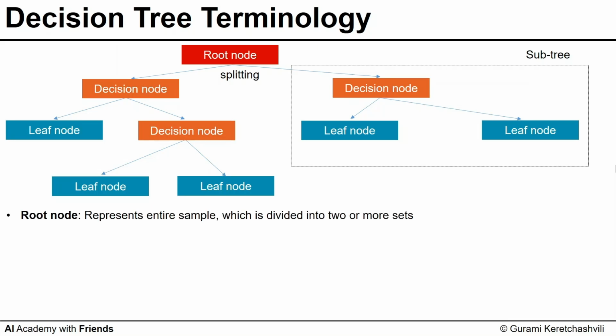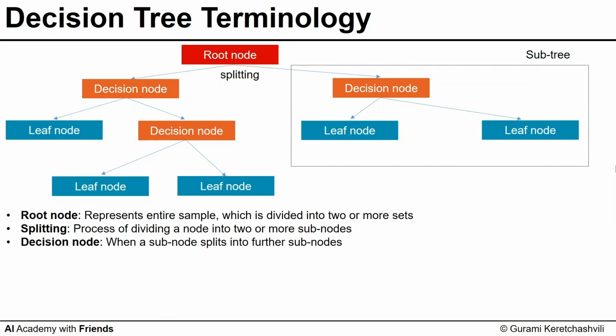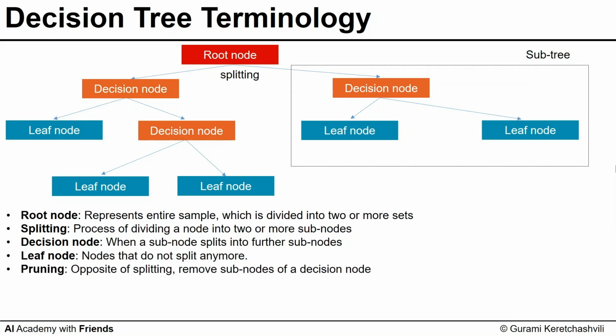Here are some terminologies. Root node represents the entire sample, which is divided into two or more sets. Splitting is a process of dividing a node into two or more subnodes. A decision node is a node whose subnodes can be split into further subnodes. Leaf nodes are nodes that do not split anymore.